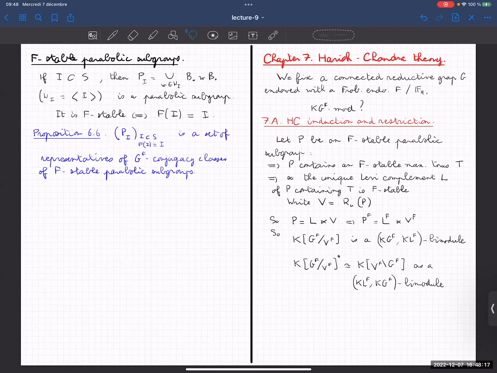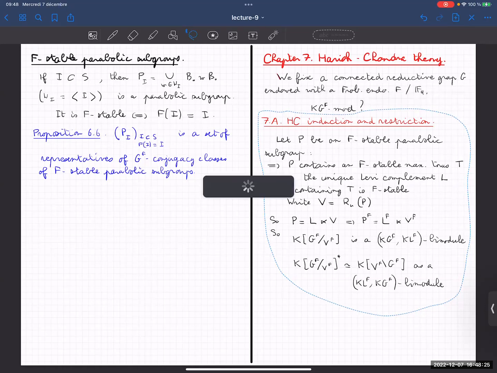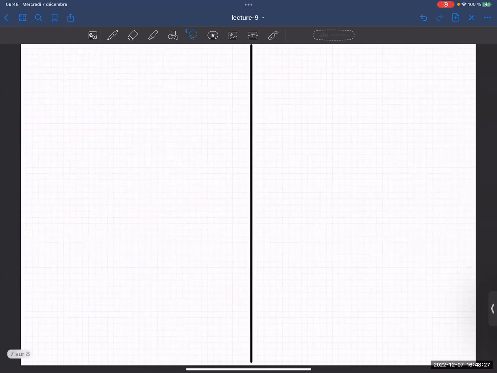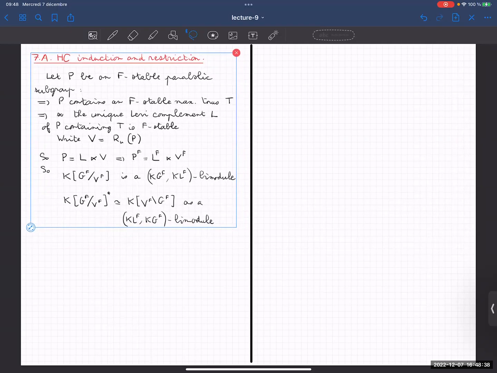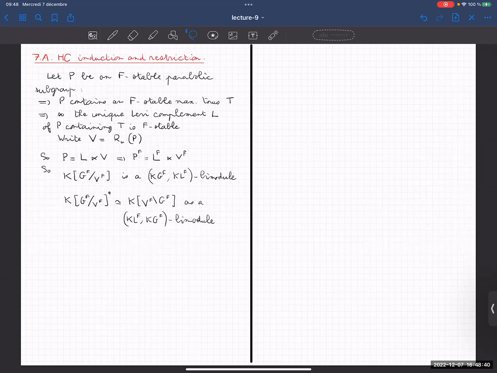Okay, so I just recall all of this. Since I have a bimodule, I can define functors, which will be named the Harish-Chandra induction and Harish-Chandra restriction.